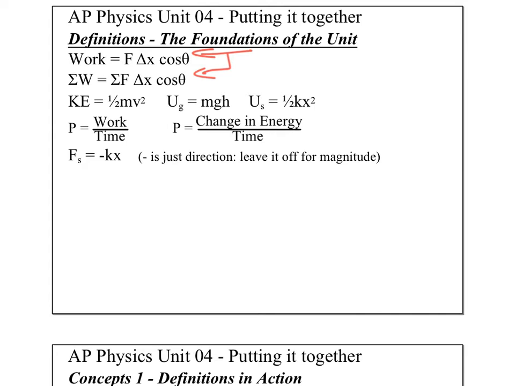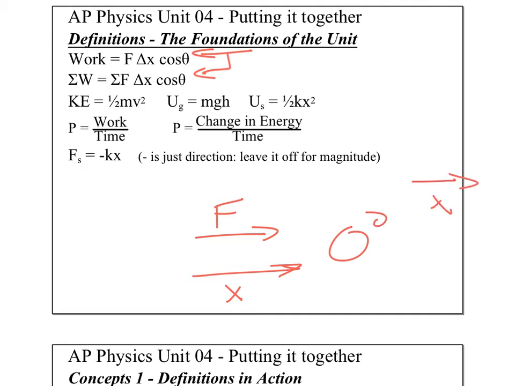Just a quick reminder that theta is the angle between the direction of motion and the direction of the force. So if I've got my force to the right and the object is moving to the right, that is an angle of 0.